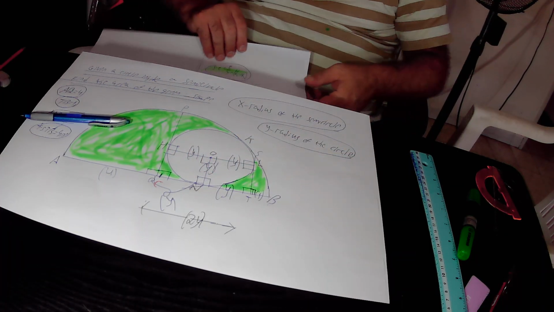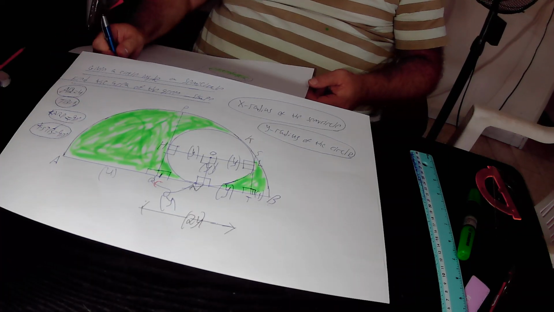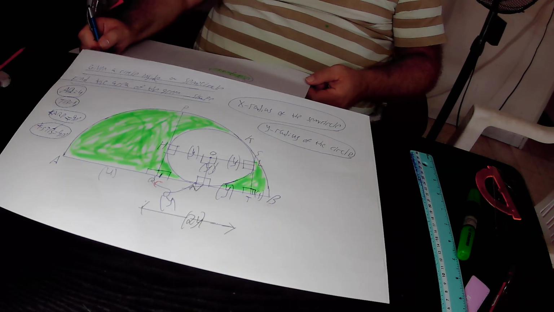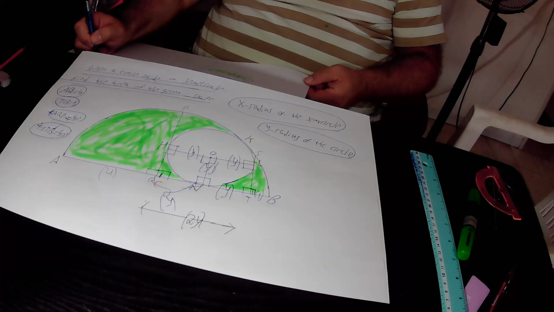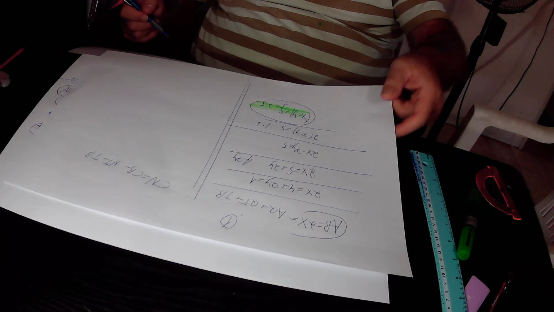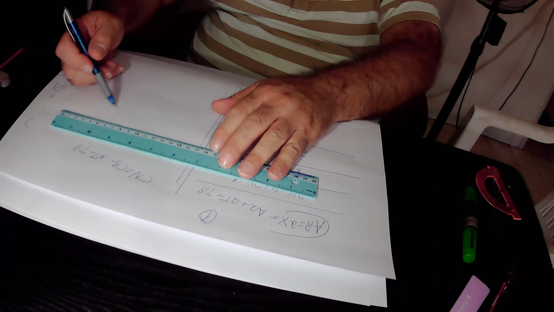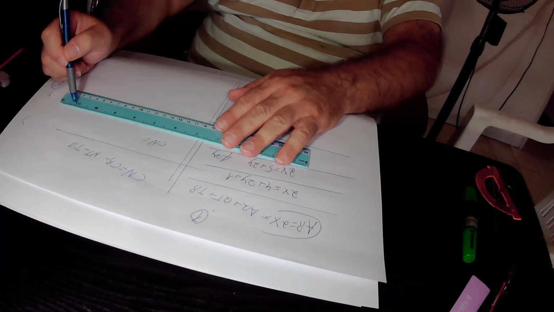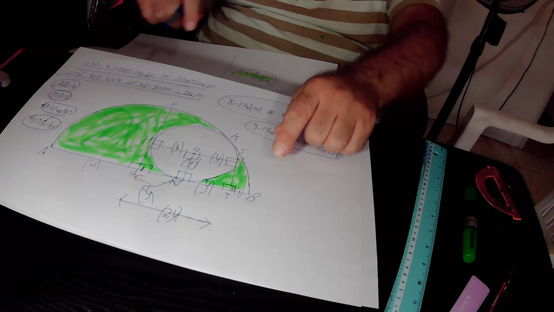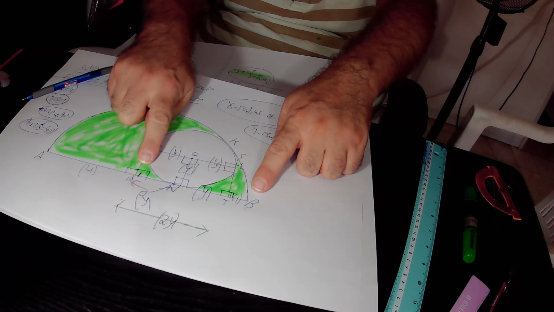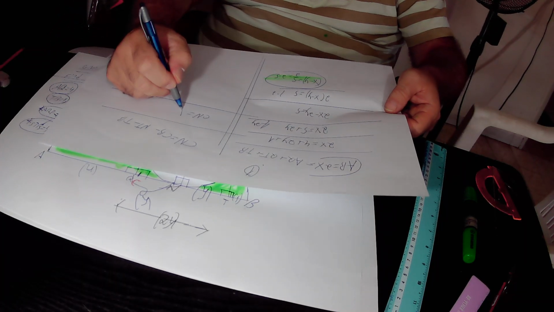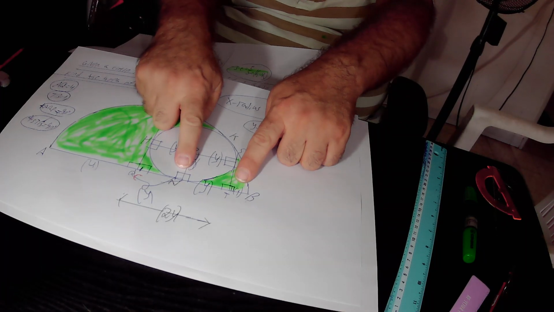So CB is the radius of this semicircle, which equals x. So CB equals x, minus NT. NT equals y.